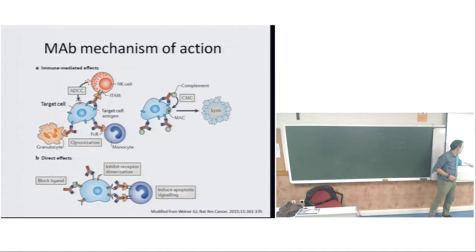These monoclonal antibodies, and this is typically from the immune system, every time you have an antibody that can be recognized by a cell, these cells can induce the apoptosis of the cell expressing the target, the antigen. So this is another way.